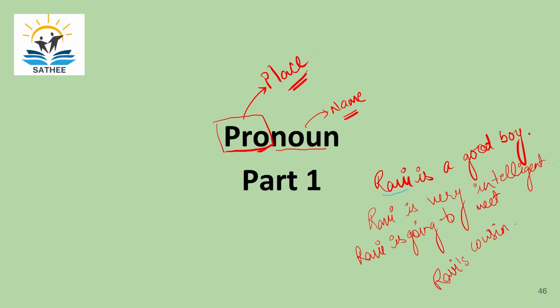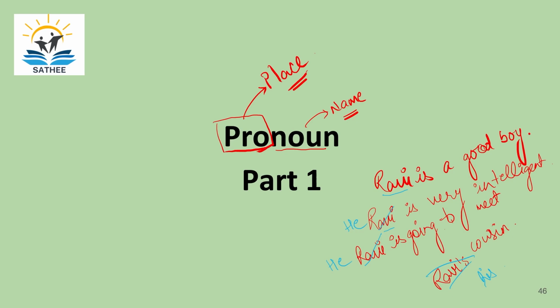For example, instead of writing Ravi again, I can use he. Again, I can use he in this place, and here the position has been shown of Ravi, so I can use his. Now, if we read this paragraph, Ravi is a good boy, he is very intelligent, he is going to meet his cousin. Now, this paragraph sounds nice. This paragraph looks nice. So, this is the use of pronoun.